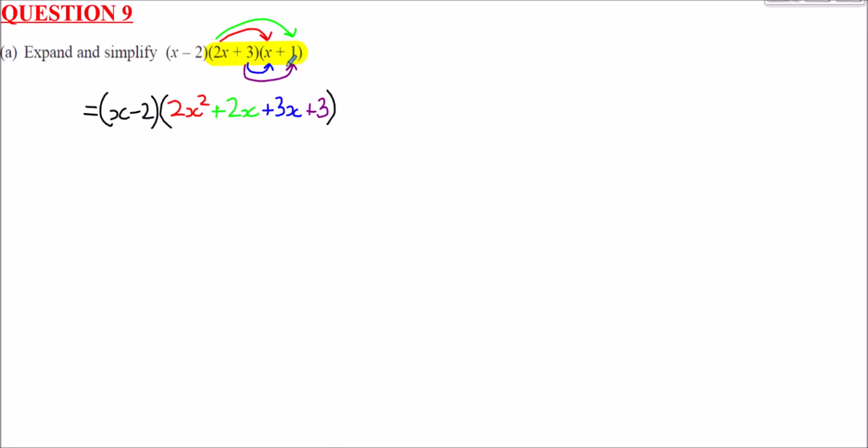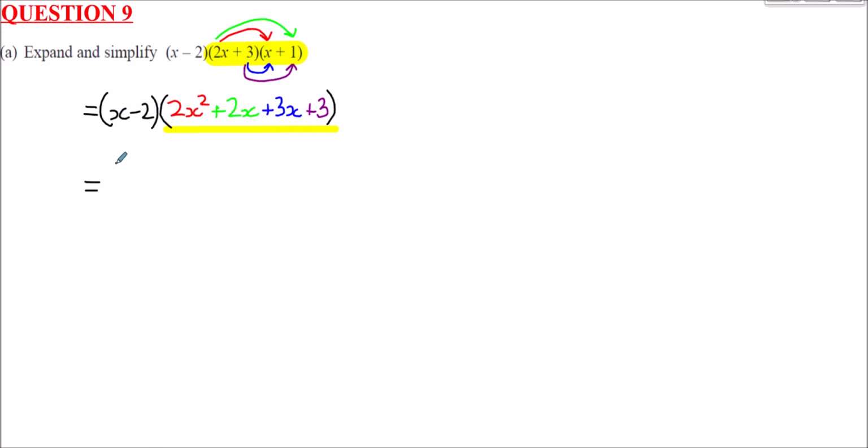So in the yellow, we've expanded these brackets, and it's become this. The next stage is to now multiply what we've got from this first step with the x and then the minus 2. So we can take the x and multiply it in turn by all of these terms.